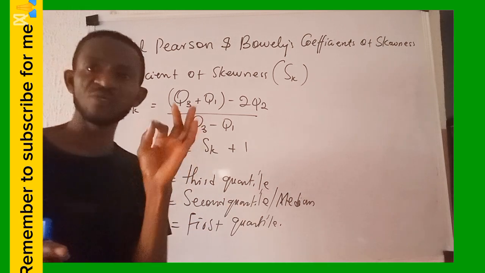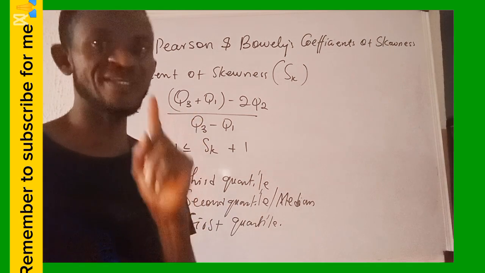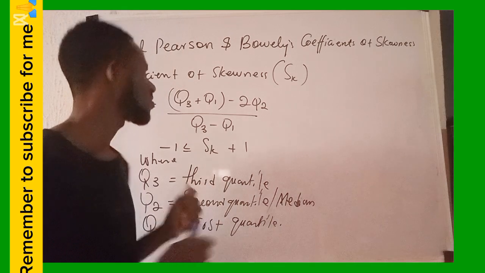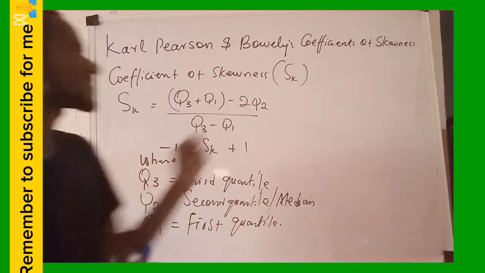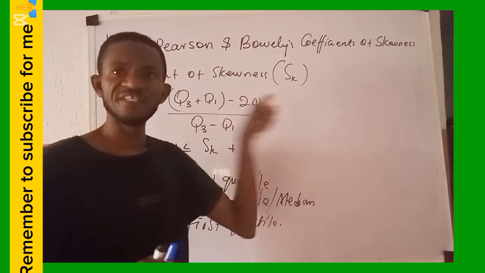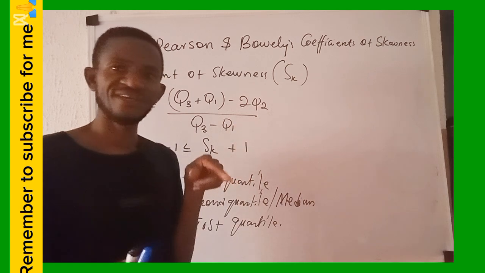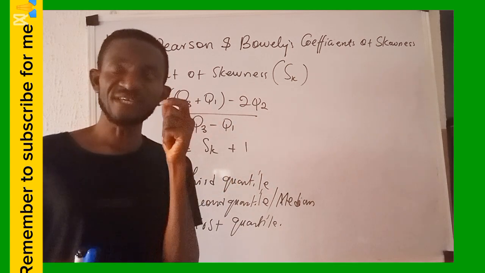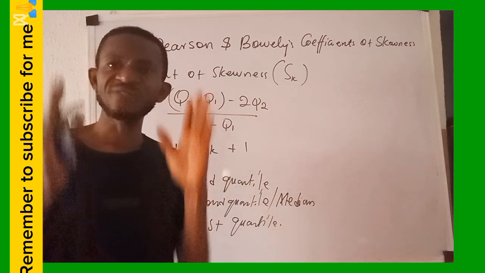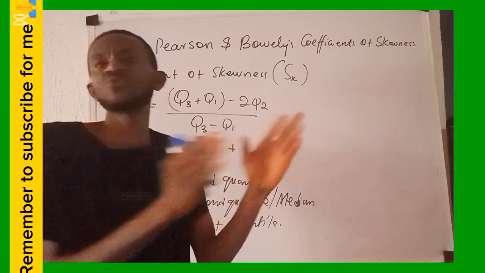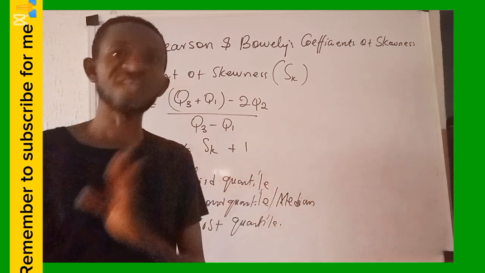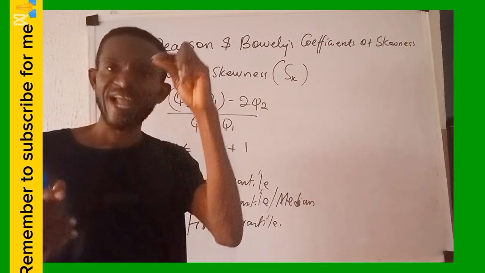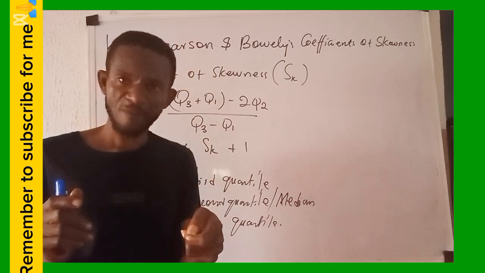The only thing we should remind ourselves to bear in mind is, when we calculate the value of skewness and the answer we get is 0, we say that the data is neither skewed to the right nor to the left. Instead, the data is normal.